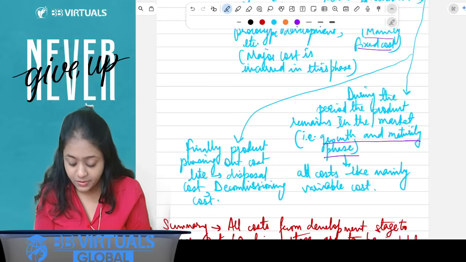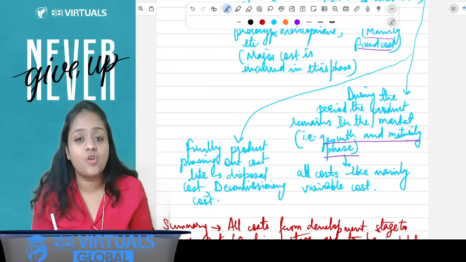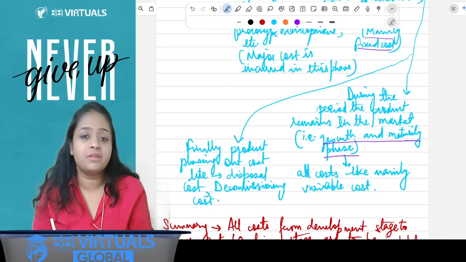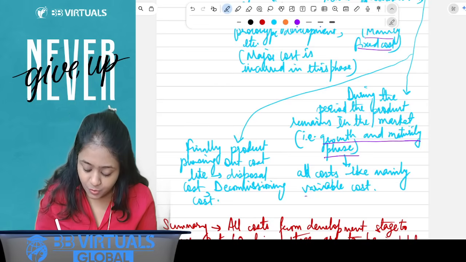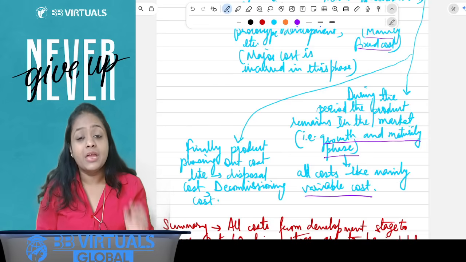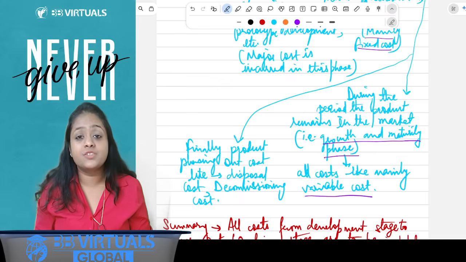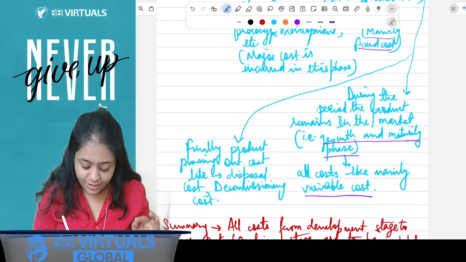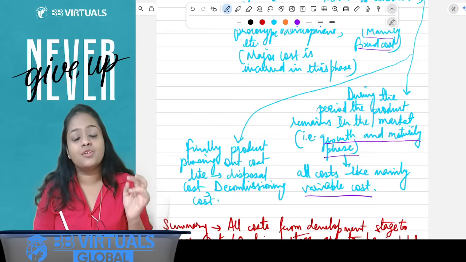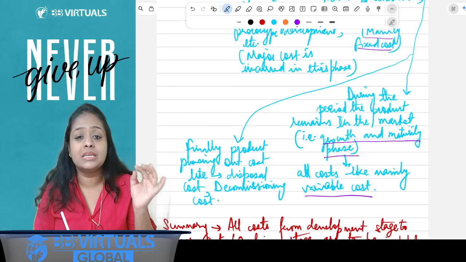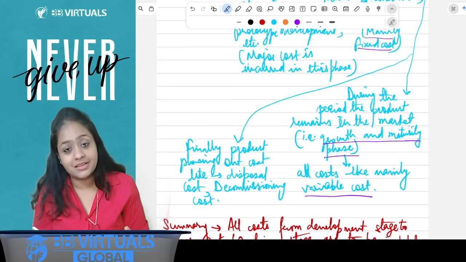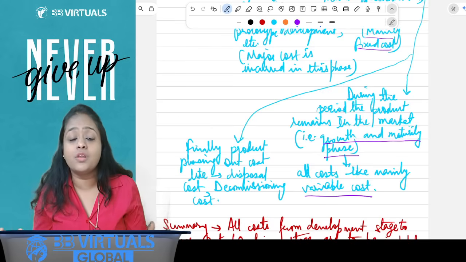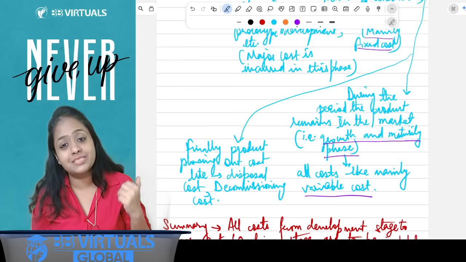Generally the costs you will have in the growth and maturity phase are likely to be variable costs only. Last is the product's phasing out stage, which is the decline stage. Finally the product phases out of the market, and costs like disposal cost and decommissioning cost are incurred here. That's all you need to know in the product's life cycle.